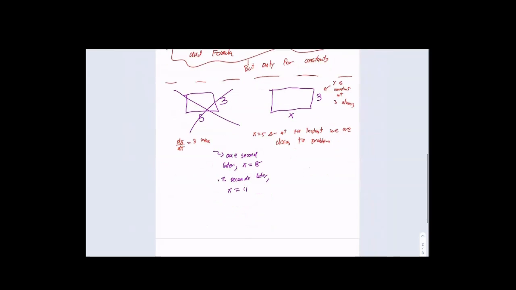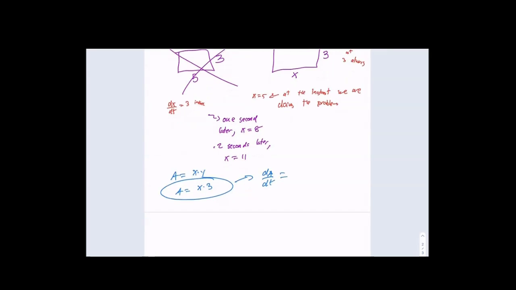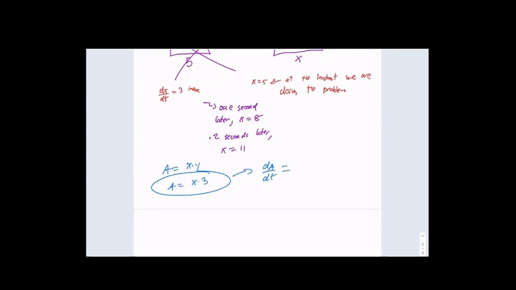So when solving this problem, we said area equals x times y. Well, we're going to say area equals x times 3, because y is a constant. And now when I find dA dt, what is dA dt? Remember, x times 3 is the same thing as 3 times x.